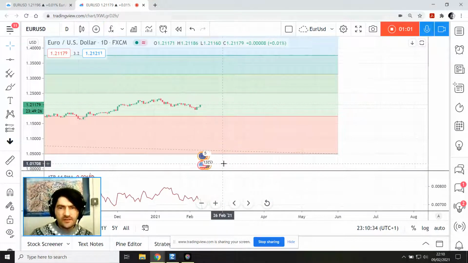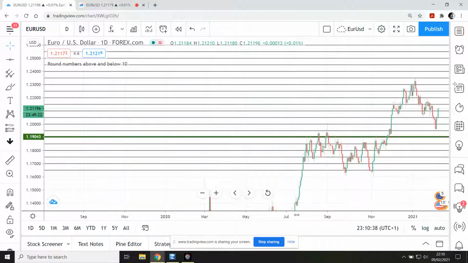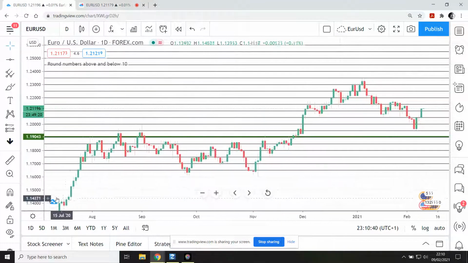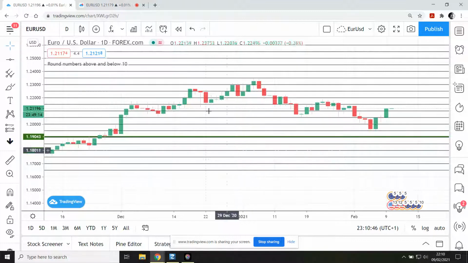I was also looking at something else, which might be interesting to do on this chart here. Again, your USD, I've applied an indicator called round numbers above and below, and essentially you decide how many round number levels you want above or below price, and it plots them for you, so you don't have to do it.